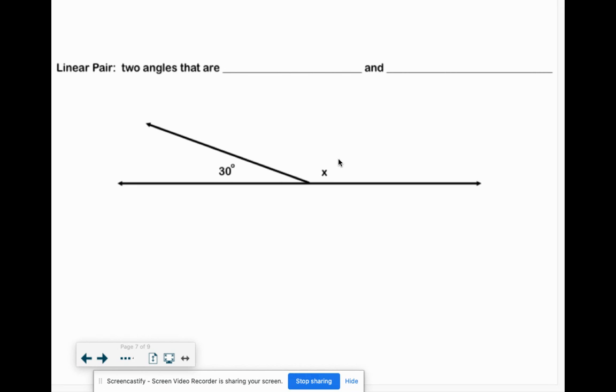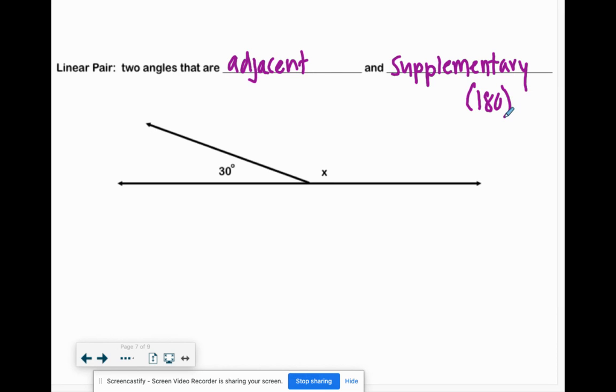They're next to each other, so they're adjacent. And supplementary. So they are connected to each other, and what do they have to add to if they're supplementary? 180. So maybe you want to put that 180 and that they are together.